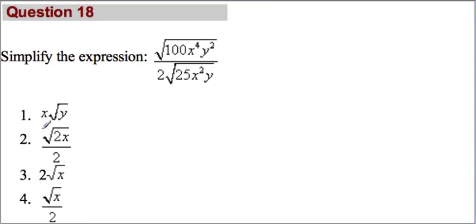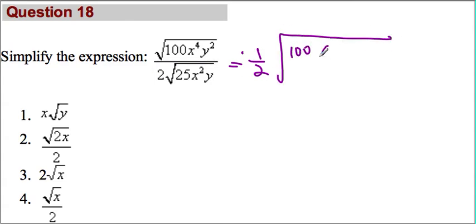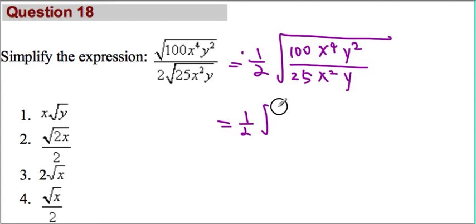Alright, number 18. Now, how do you do this one? 1/2 is outside already because of this one. If you have to combine the entire radical, we have 100 x to the fourth y squared all over 25 x squared and then y. If you have to rewrite this one, 1/2 is outside. 100 divided by 25 becomes 4.